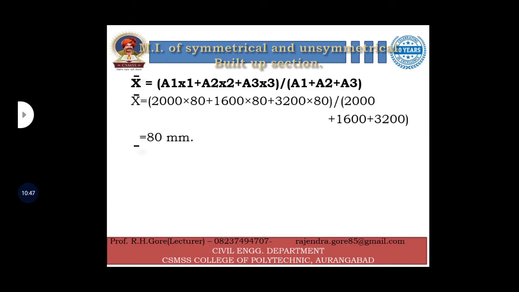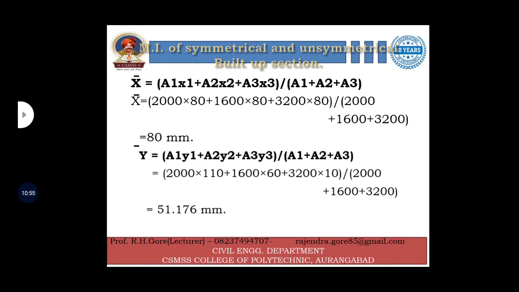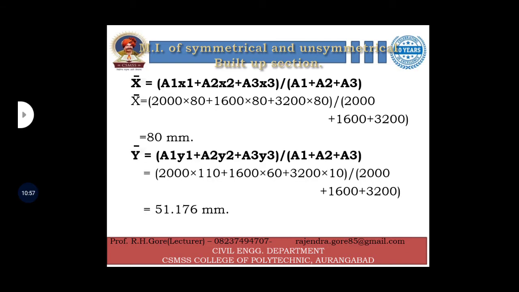So x bar is a1 x1 plus a2 x2 plus a3 x3 by a1 plus a2 plus a3. Put the values, we will get x bar is 80 mm.